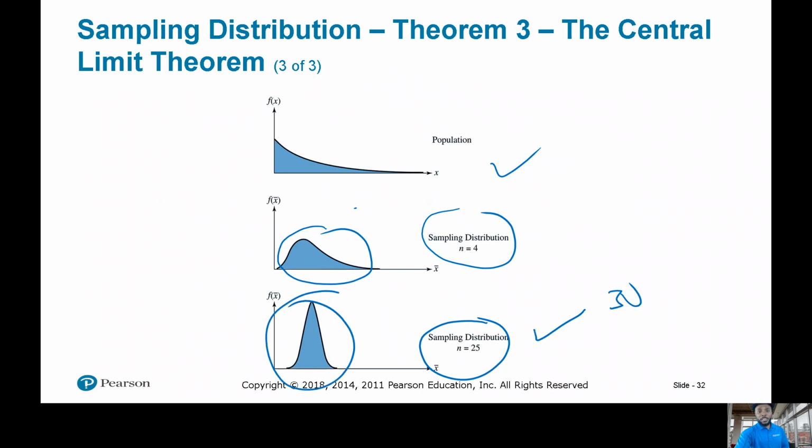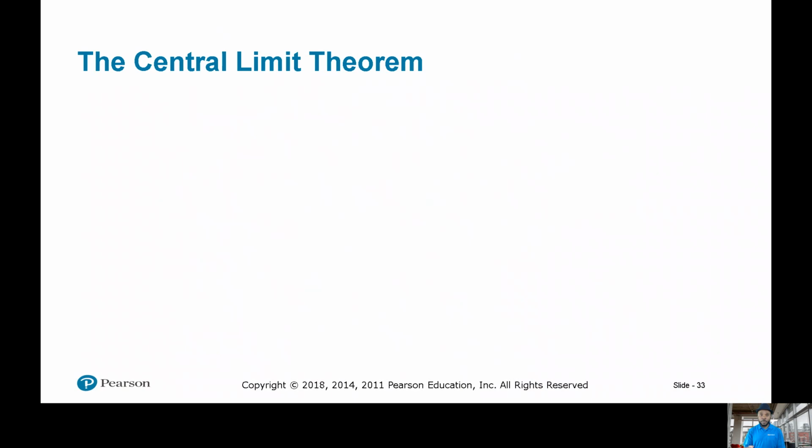So when your population distribution, which we don't always know, is skewed, we really want a high sample size, and we normally recommend 30 or more, because we don't really know what the population distribution might look like. In order to have a good estimation, it's recommended to draw a sample of about size 30.